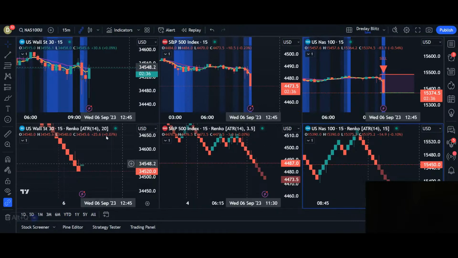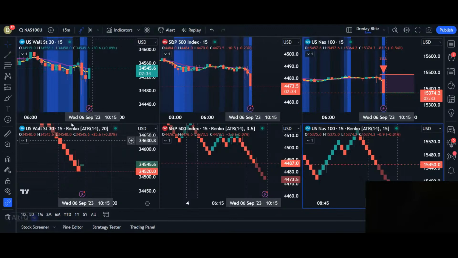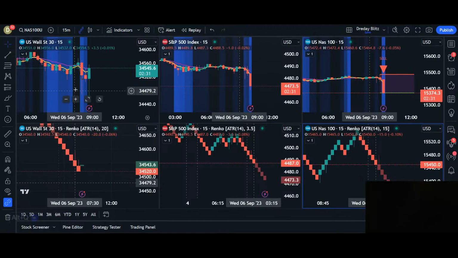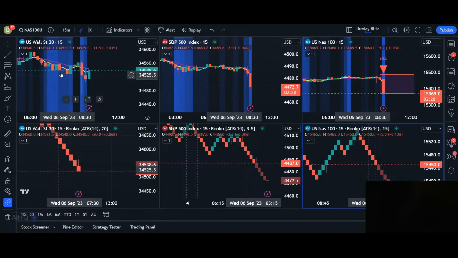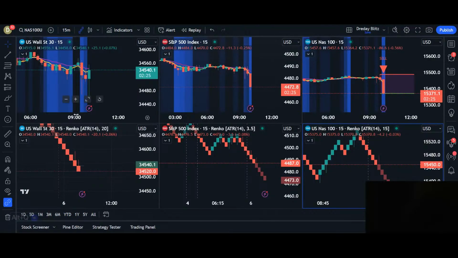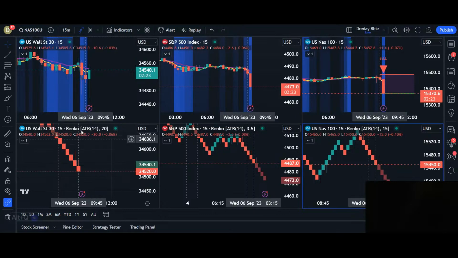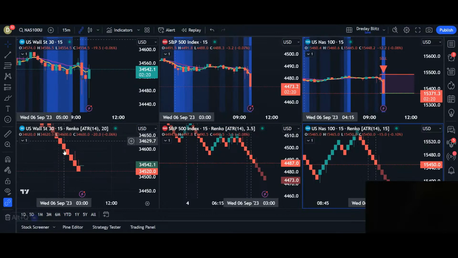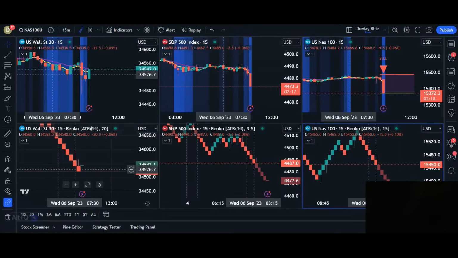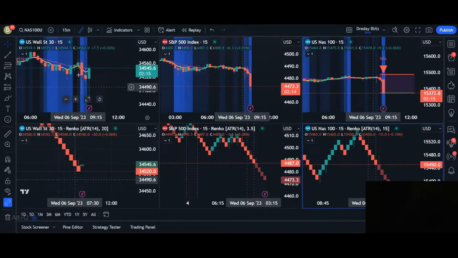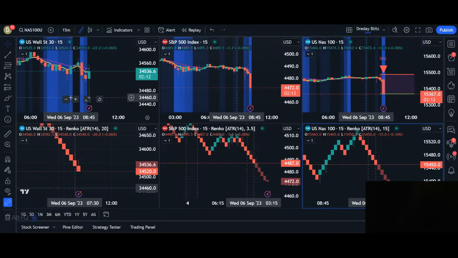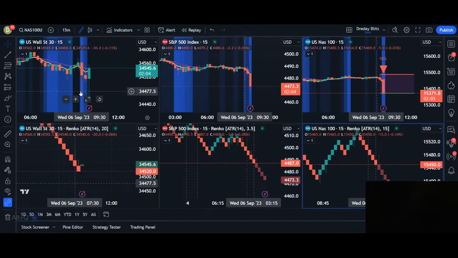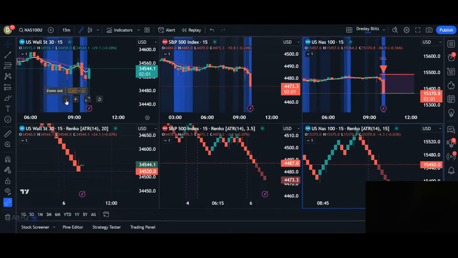And for the Renkos, you have to make sure that you put it on the same time frame as your chart. So for this example, we have the 15-minute chart on US30. The Renko will be on the 15-minute Renko bars. And to have access to the Renko bars, you need to have a Premium Plus, Pro Plus or Premium package with TradingView, because the free version will not give you the option to go on the Renko bars on the lower time frame.